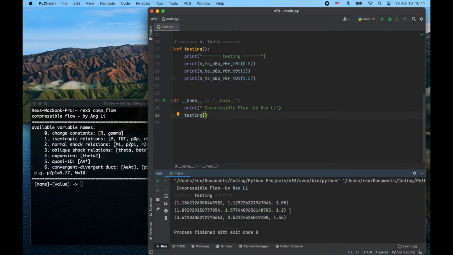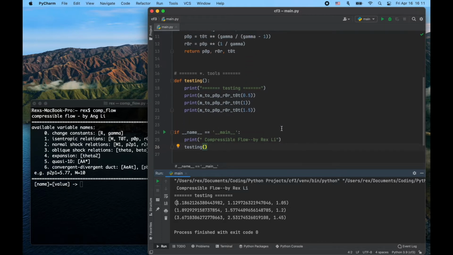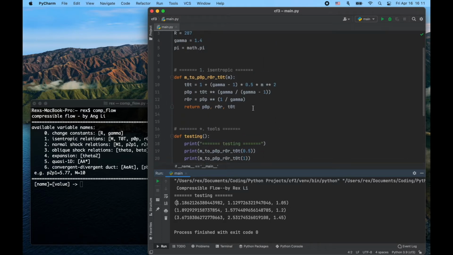I'm going to compare them here right now. All right, they are indeed correct. So let's move on. And that means my function for this one is correct.